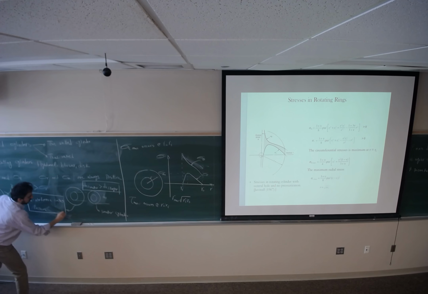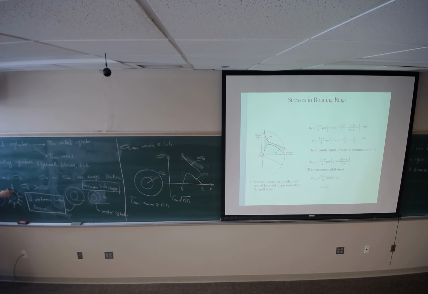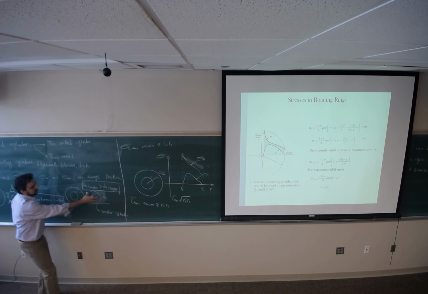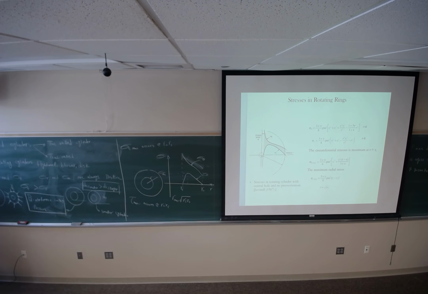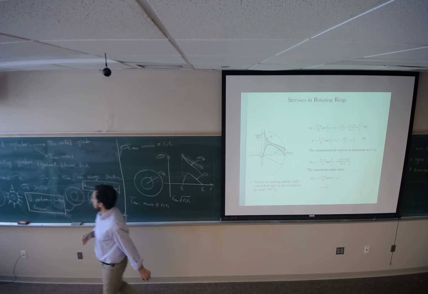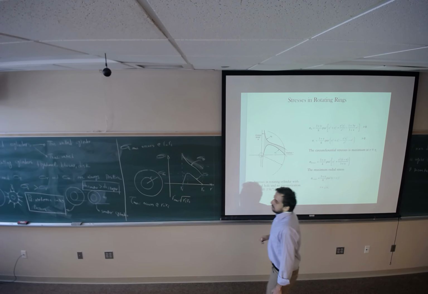So this pressure is coming due to the press fitting. It's going to generate the external pressure for the smaller component due to the press fitting, and it's going to generate internal pressure for the larger component. So this is the case.